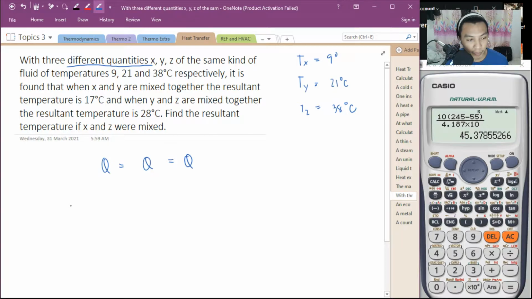So, algebraically, MX, CP nung fluid na yon equal naman yon, CP original na lang, CPO.